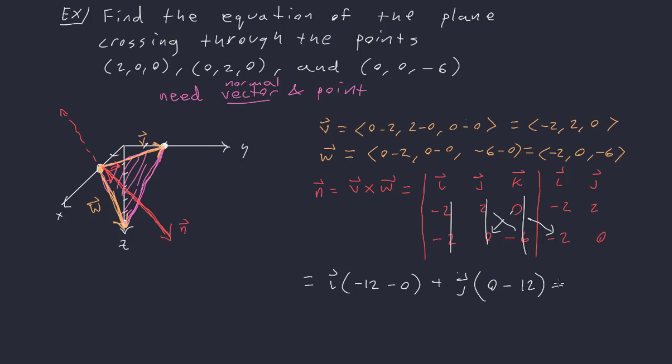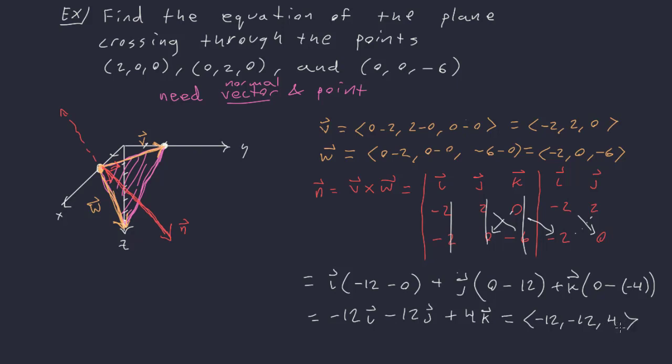Okay. Then plus k, now it will be 0 in the main diagonal again, minus a -4. All right, so we get -12i minus 12j plus 4k. So I got this vector, -12, -12, 4.